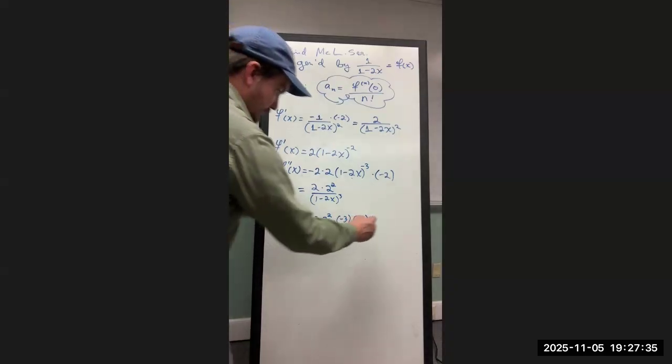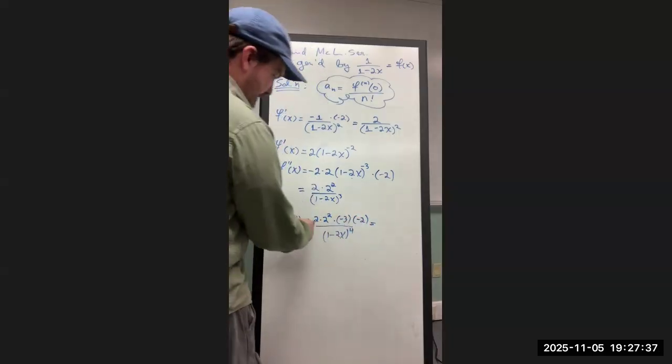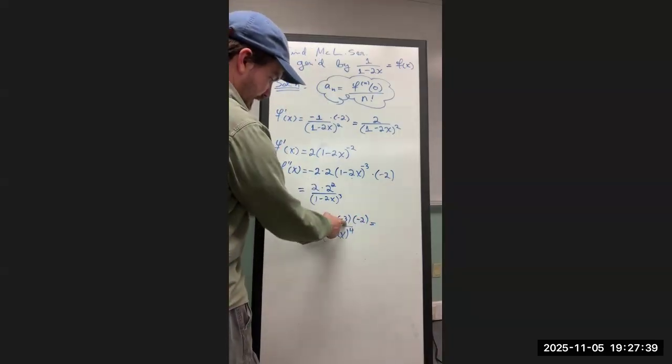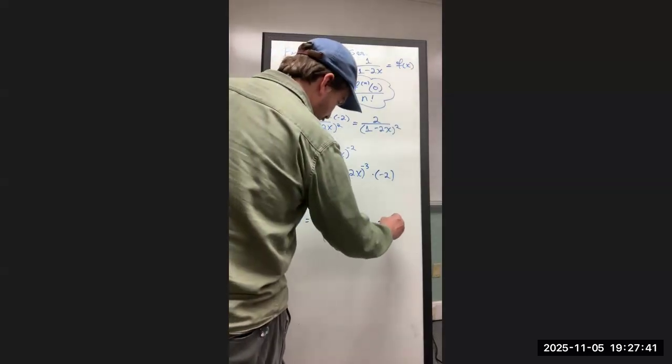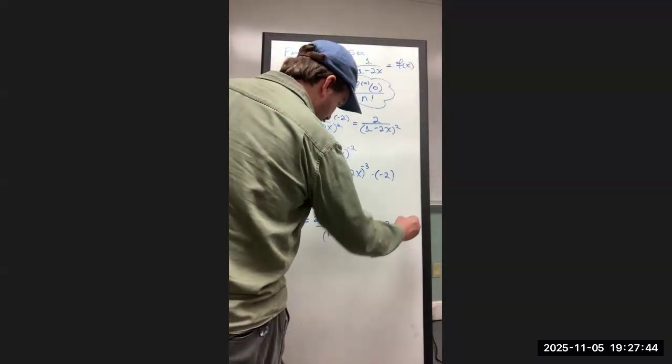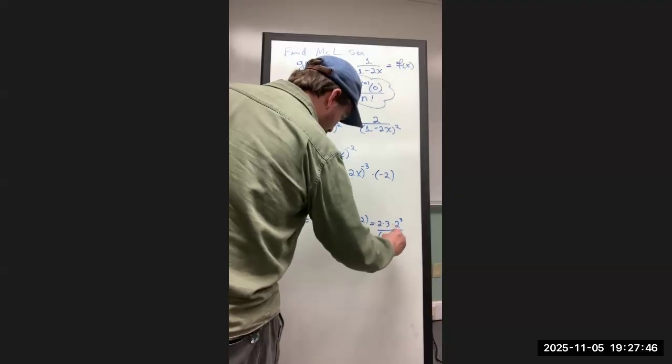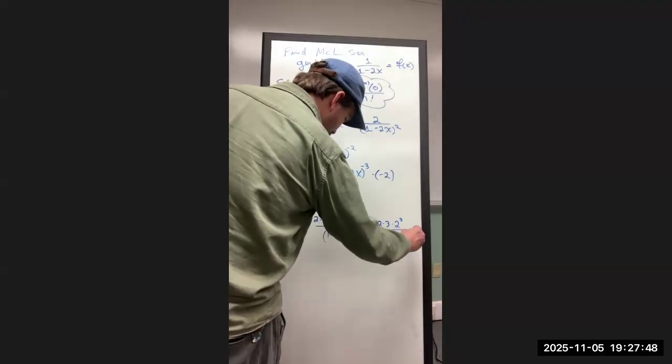So what does this simplify to? Again, we get something positive. Now we've got a 2 and a 3, and then 3 2's. So 2, 3, 3 2's all over 1 minus 2x to the fourth.